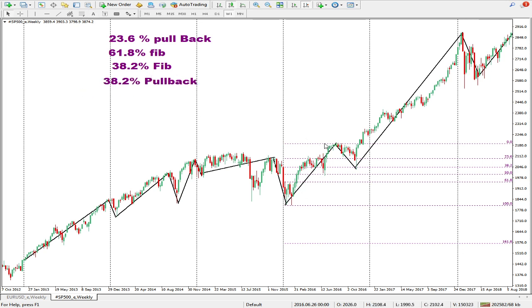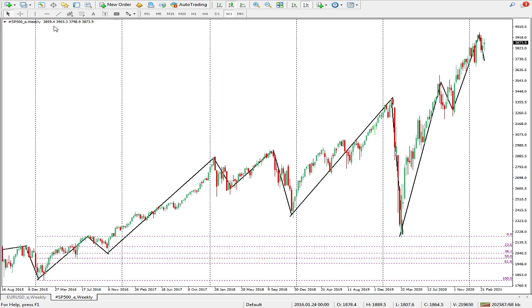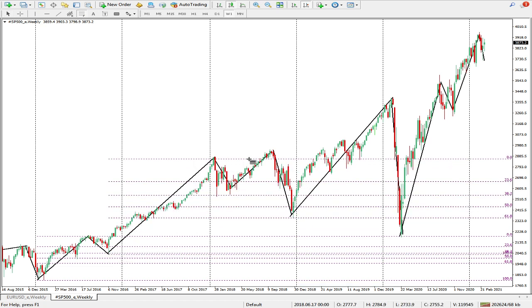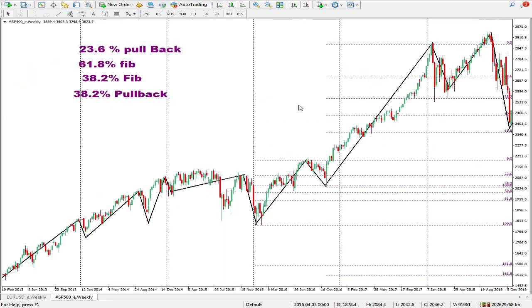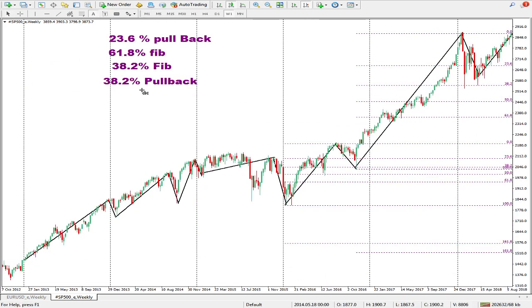And then the next pullback which we have is from this point. So this is how much? This is around 38.2. That's 38.2 also.